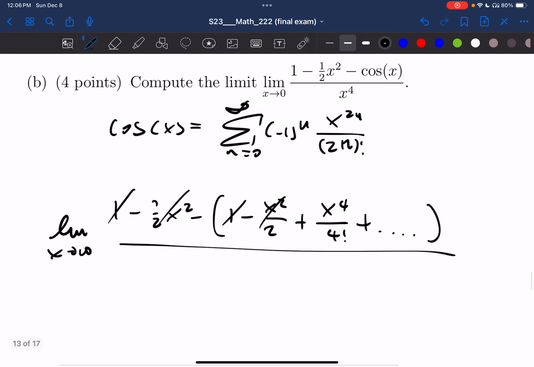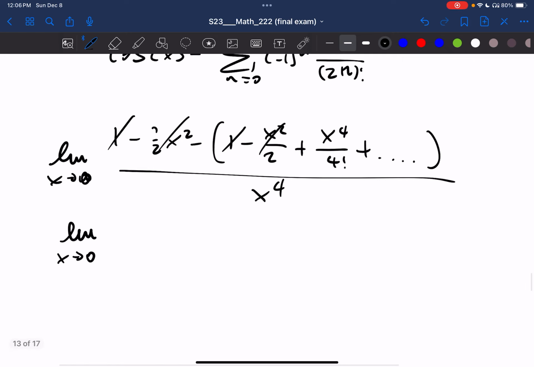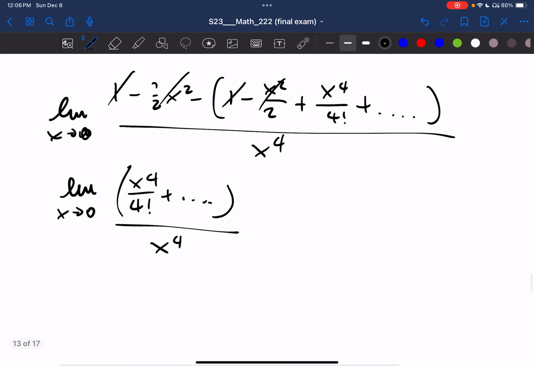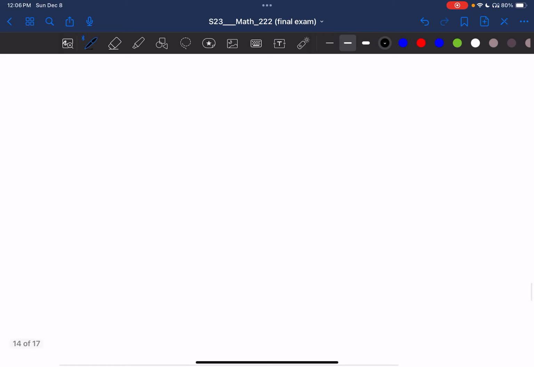All this is being divided by x to the 4th power. So the limit as x goes to 0 simplifies to x to the 4th divided by 4 factorial plus so on, all divided by x to the 4th, which is the limit as x goes to 0 of 1 over 4 factorial, which is just 1 over 4 factorial. And this will be our answer.